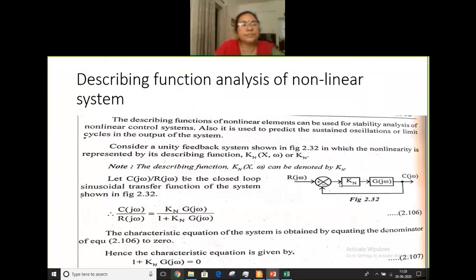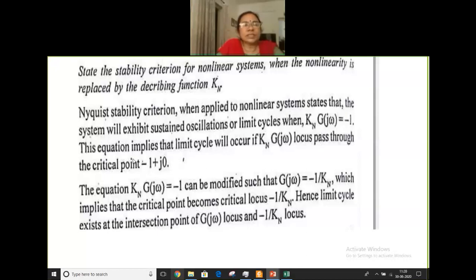Next, the stability criterion. When applied to nonlinear system, it says that the system will exhibit sustained oscillation or limit cycles when 1 plus Kn G(j omega) equals 0. This implies that a limit cycle will occur if the Kn G(j omega) locus passes through the critical point minus 1 plus j0.